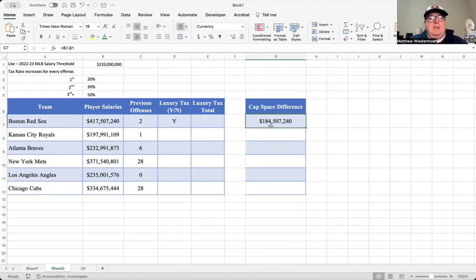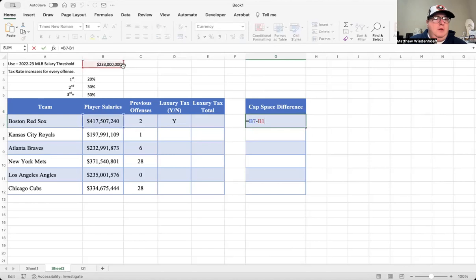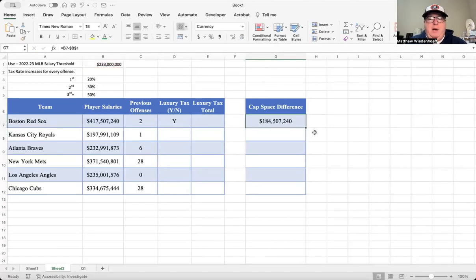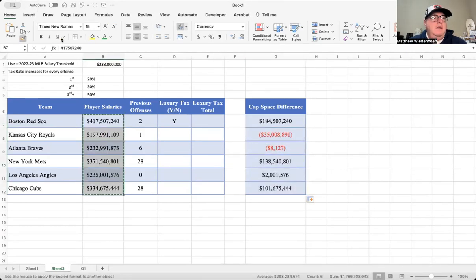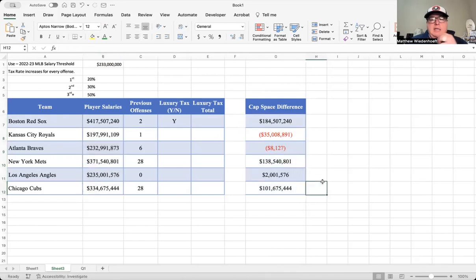There we go, and we can do that all the way down. If you're not good at Excel, you can put a dollar sign in front of the number you want to use all the time, which would be the B1, and we can go ahead and use that all the way through here so that it looks correct to you guys.